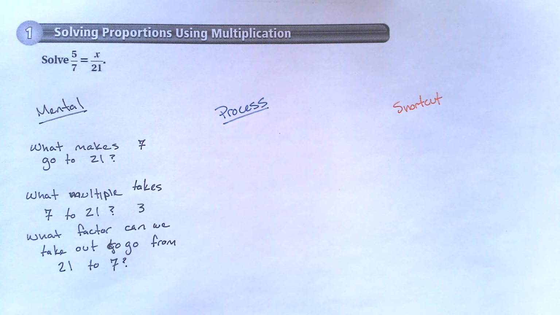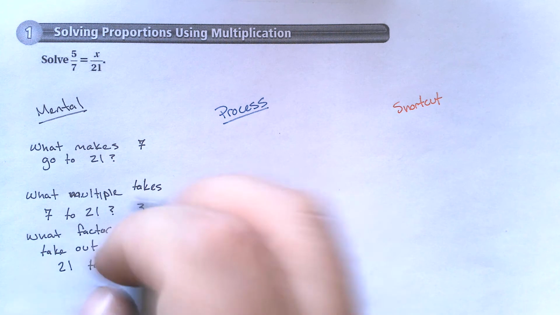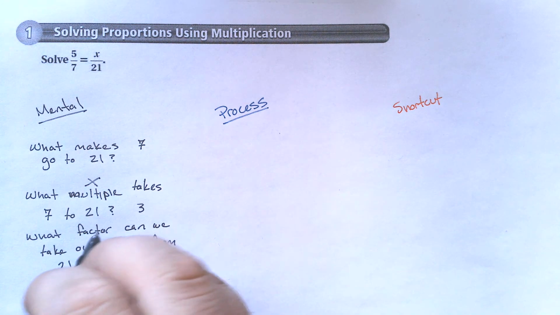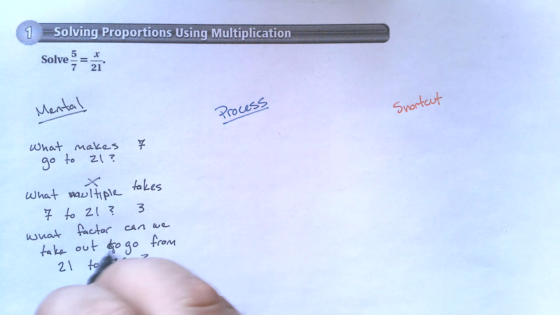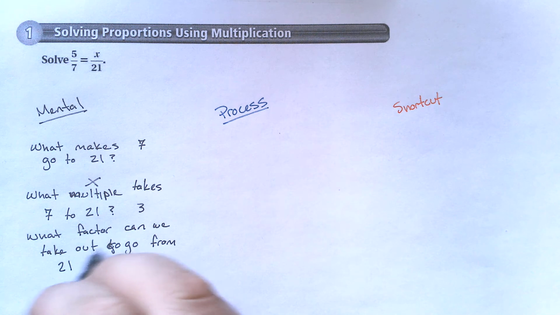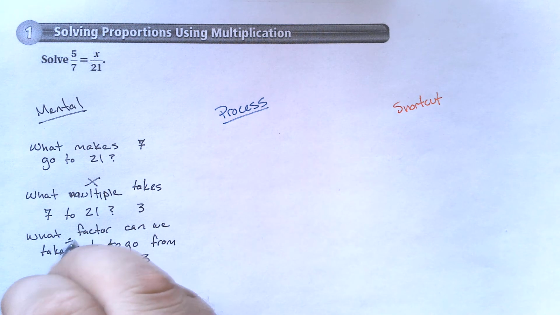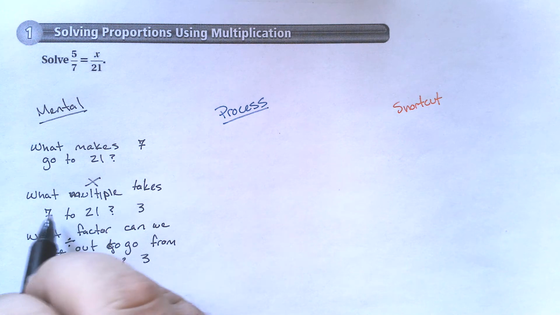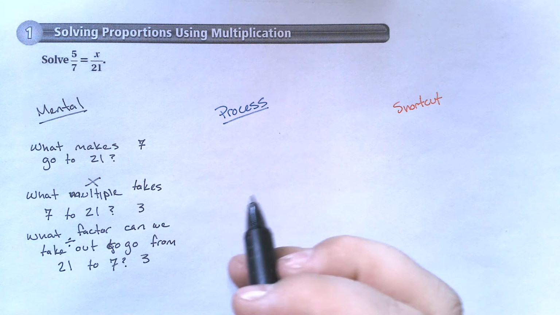This is everything that's going on if you're doing the mental math correctly. And again, that number is still 3. This is asking multiply, multiple. This is asking take out of, or take out, and that's divide. So if we divide 21 by 3, we get 7. If we take 7 times 3, we get 21.